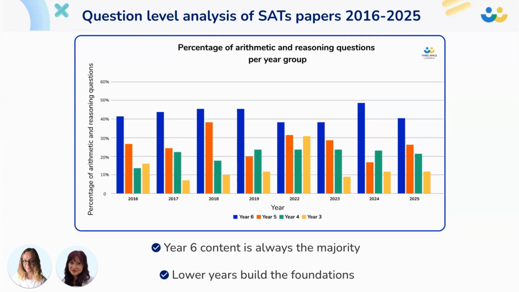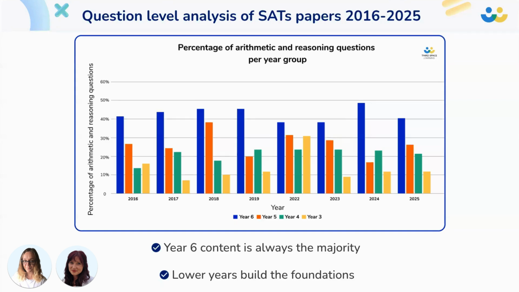So I think what we can take from that data is that it is really important to focus on making sure that when you start your revision plan, those Year 6 concepts are covered, because they do get the most coverage on the papers. But I think the thing to think about is that in order for them to really be secure with the Year 6 concepts and be able to grasp them properly, it's really important that they have those lower year concepts, like in Year 3 and 4, really secure.